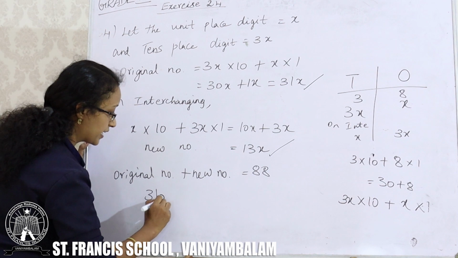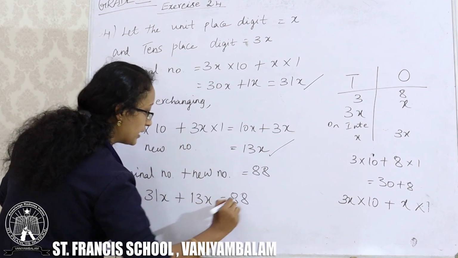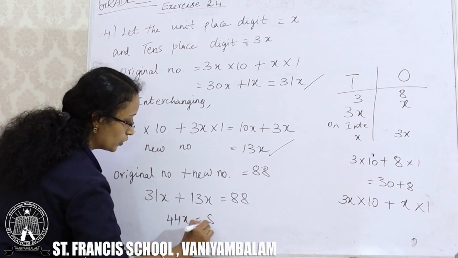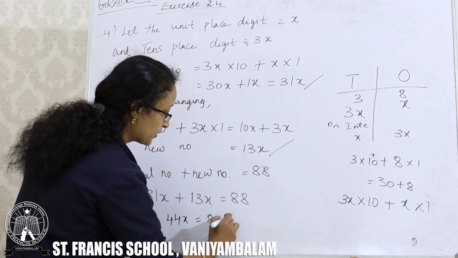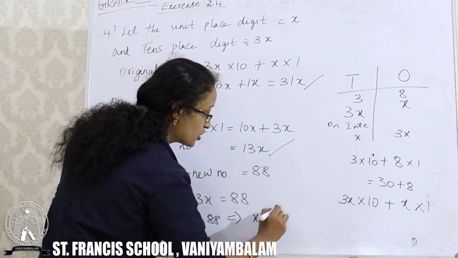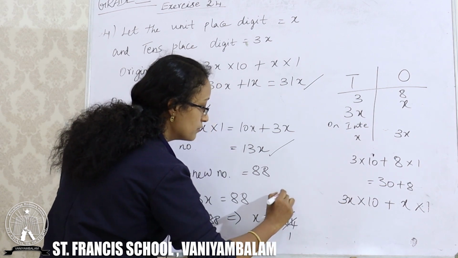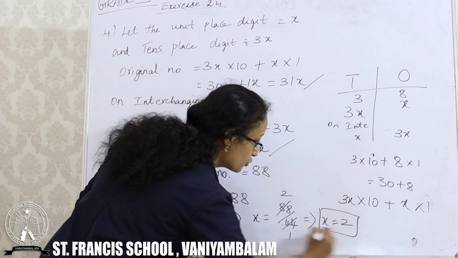So 31x plus 13x is equal to 88. 31 plus 13 is 44, so 44x is equal to 88. Now 44 and x are in multiplication; when it goes to the other side, it becomes division. 88 divided by 44: 1 time, 2 times. We got the x value: x is equal to 2.